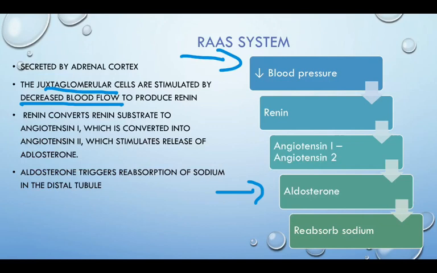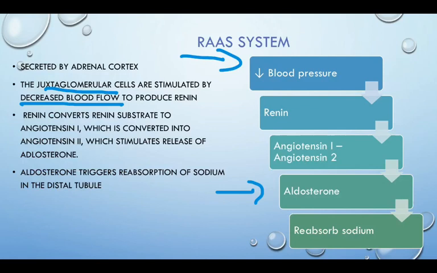Aldosterone makes a part of the renal tubules permeable to sodium, so that the sodium is pulled back into the capillaries. And remember, sodium and water go together. So when the body pulls sodium back into the capillaries, fluid follows.